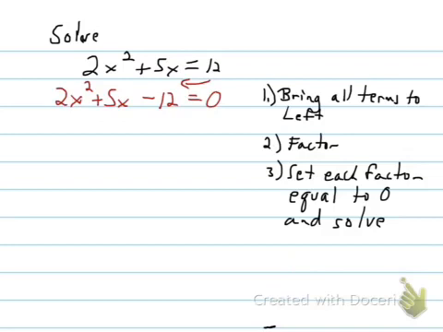Alright, factor it. Is there a common factor? Always look. Is there a common factor? Not in this one. So let's just see if we can factor it. Let's see, we'd have 2x and x. Let's see, we can do 4 and 3.